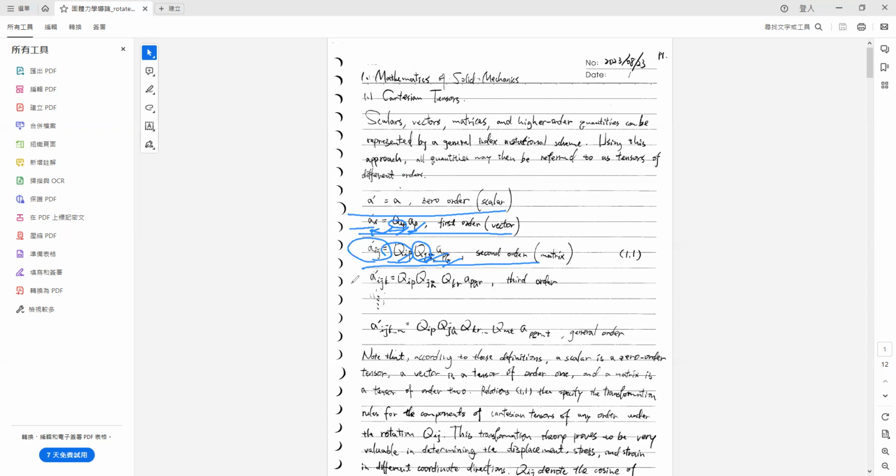Then we can extend to the multi-dimensional condition, like A_ijk' equals Q_ip dot Q_jq dot Q_kr dot A_pqr. It's a third order tensor.